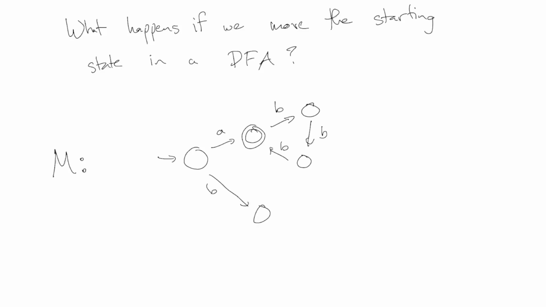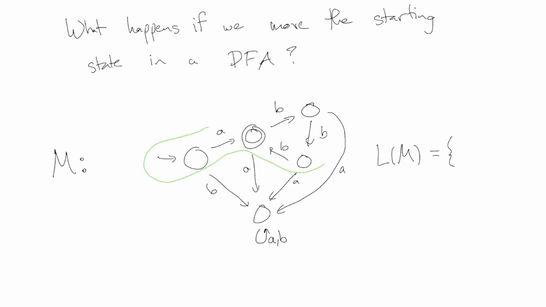So there's a B going there, and then A's from all of these other ones, and an A-B loop like that. The part of the diagram which matters as far as which strings are accepted is this part. Everything else is a failure.